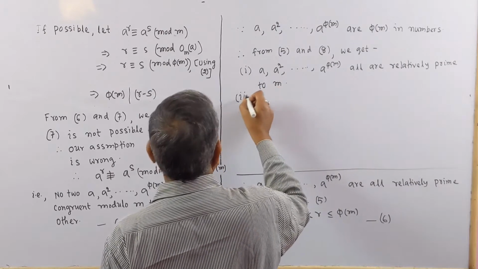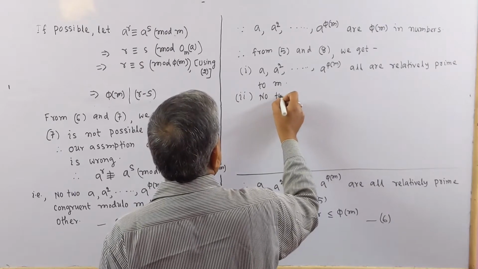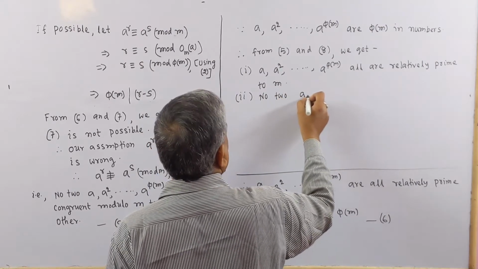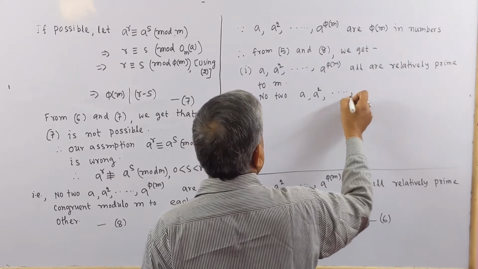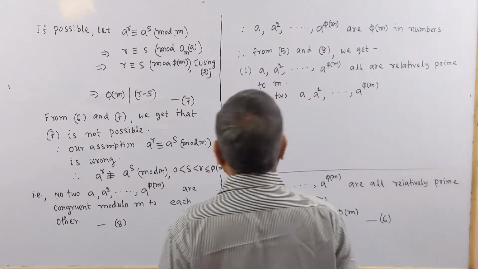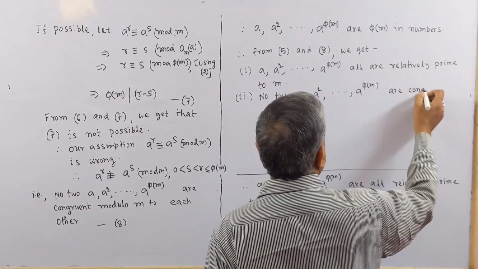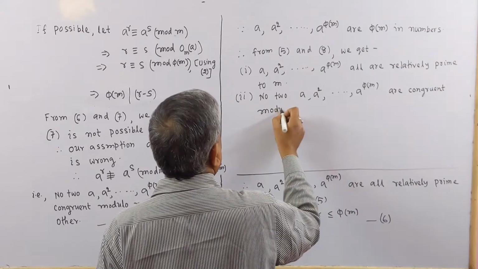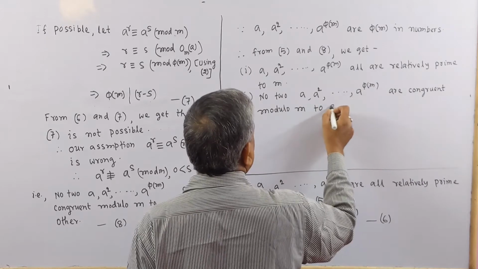Number 2: no two of a square, comma, dot dot dot, a to the power phi m are congruent modulo m to each other.